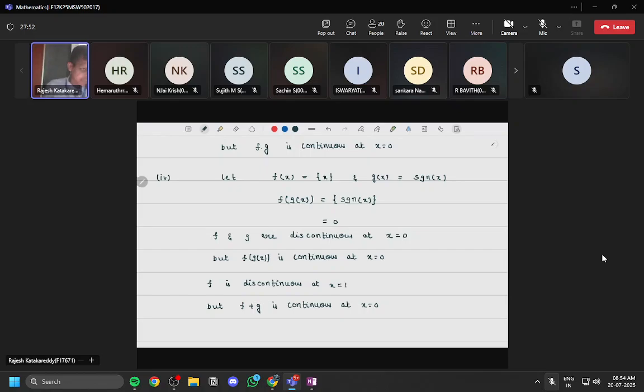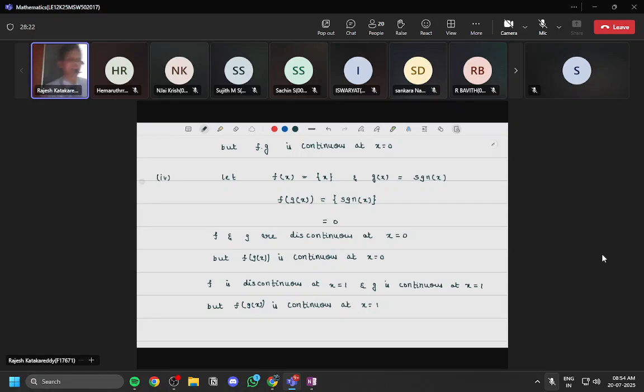Fractional part is discontinuous at x is equal to 1. g is continuous at x is equal to 1. Signum is continuous at 1. And then what we got, f of g of x, is continuous at 1. That you can clearly see, that is a constant function. Constant function is continuous everywhere.